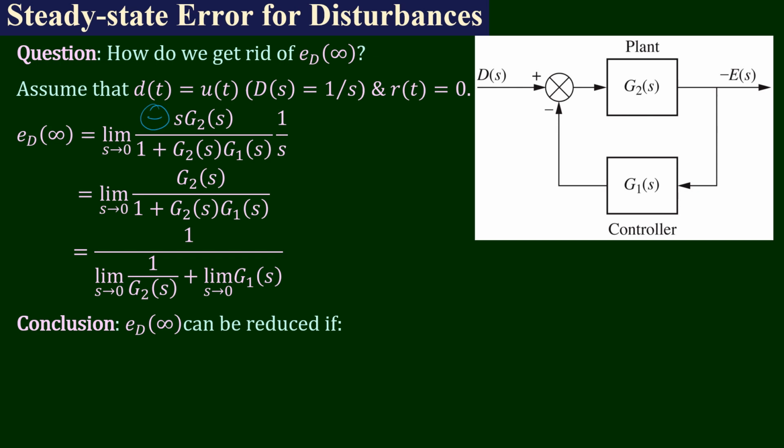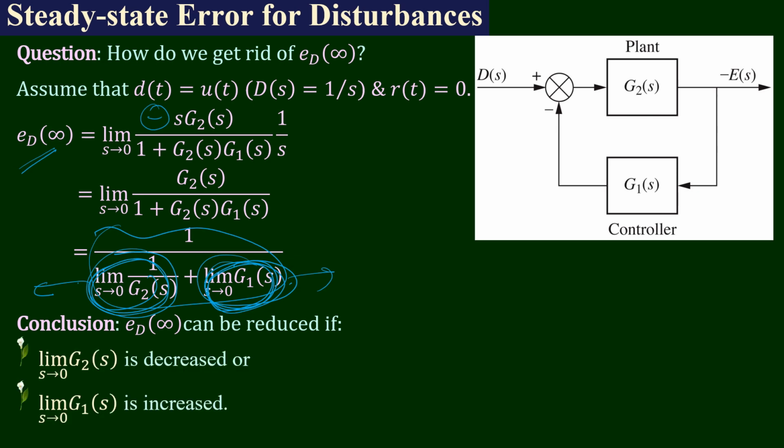So if we want to make this amplitude smaller, this value should be small and this value should be large. This is the gain of the controller. So large gain of the controller and small gain of the plant will reduce the steady state error in the system. So the effects are summarized here.